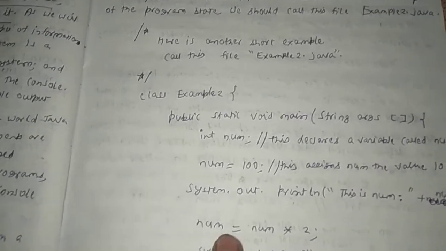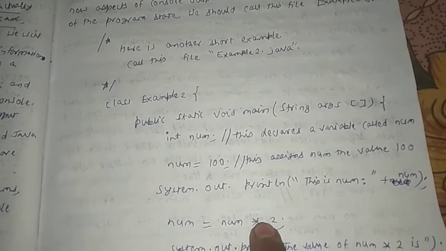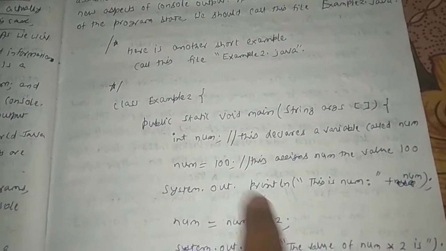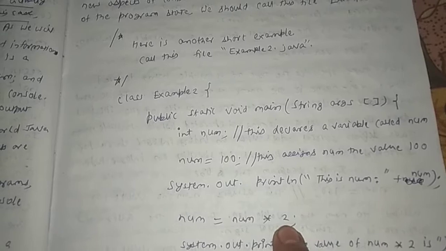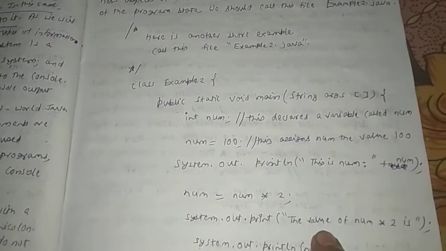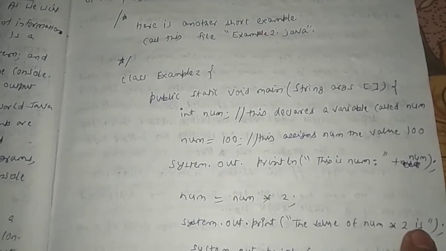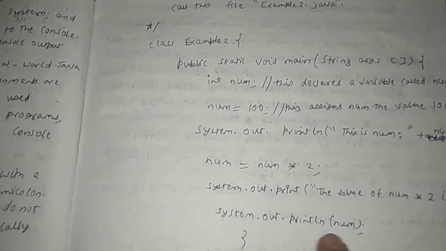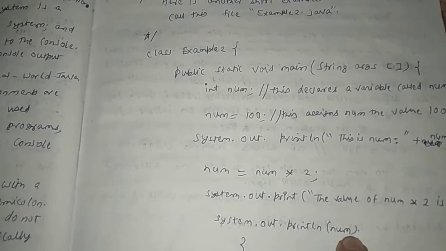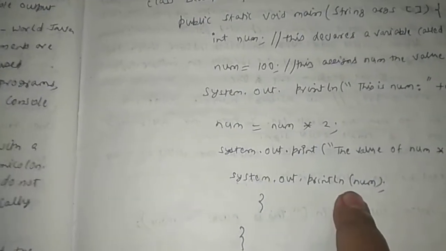Then for the next line, we are computing num into 2. Num is 100, multiplied by 2, it will obviously be 200. Then comes System.out.print, the value of num into 2 is, followed by num into 2, which is 200. Then System.out.println of num will print the number, 100 into 2, 200. That's why it will print 200.